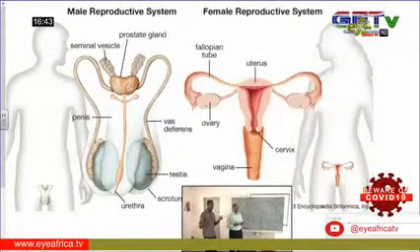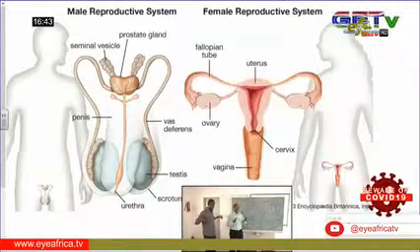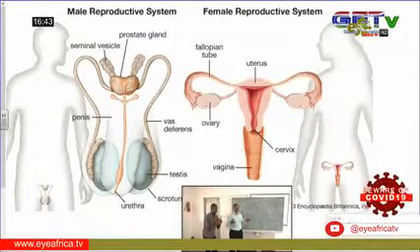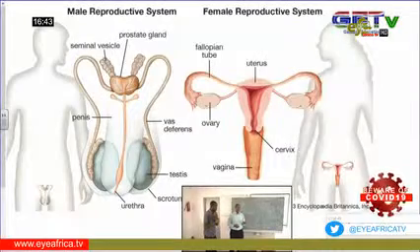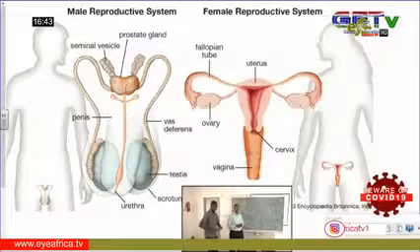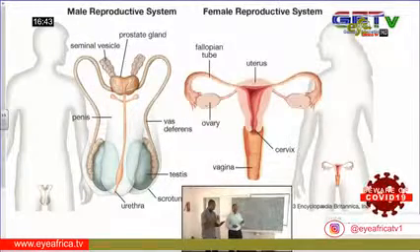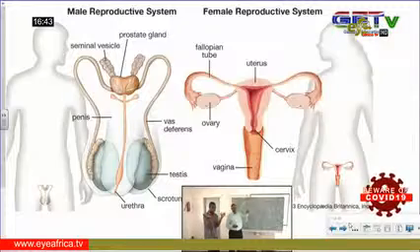Now, at the end of the fallopian tube, you have funnel-shaped structures which are closely linked to the ovary. The ovary, like the testes in the male, is a factory that makes eggs. When the eggs are made, they drop into the funnel-like structure of the fallopian tube.